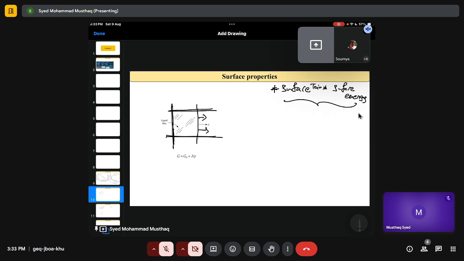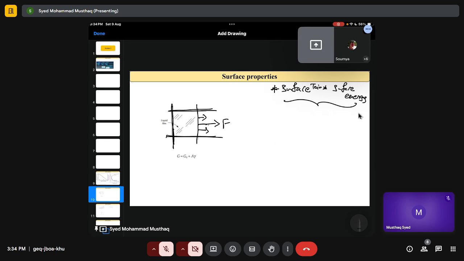So I have made a soap film. Now I pull this with a force F, and this liquid film will stretch.